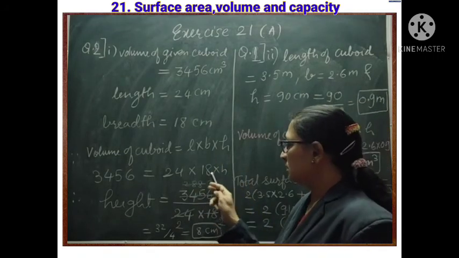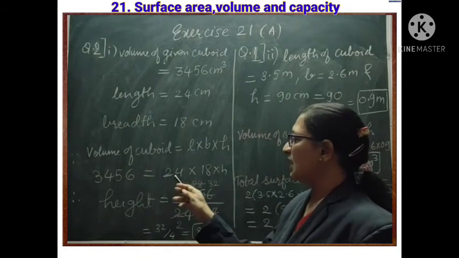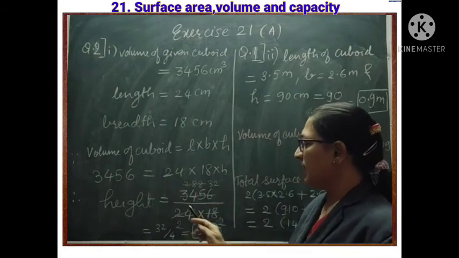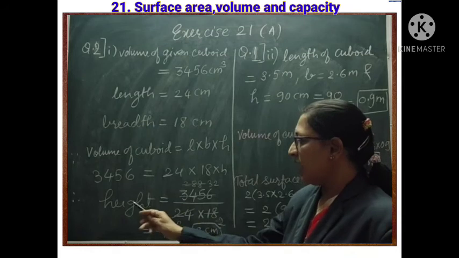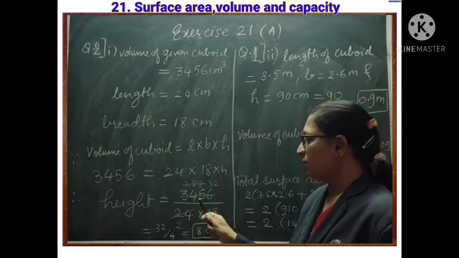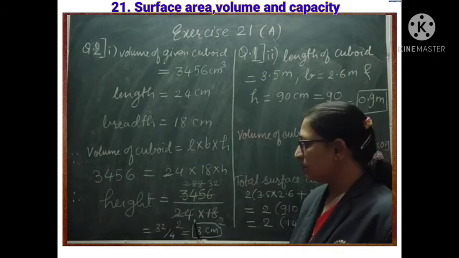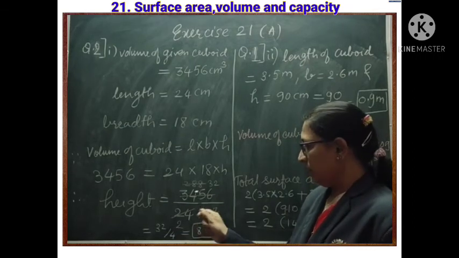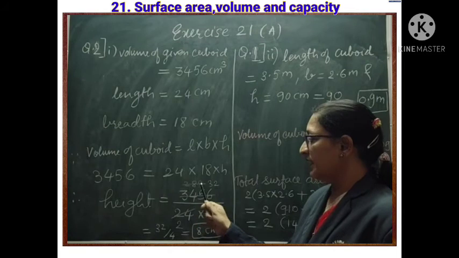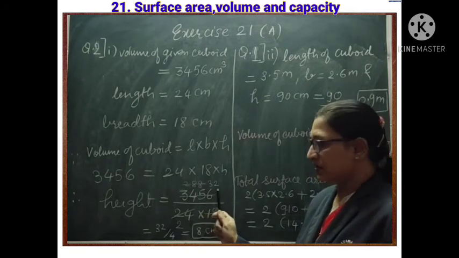All these terms we will transpose. These are multiplied by, here they will become divided by. So height is equal to 3456 upon 24 into 18. 12 2s are 24. 12 288s are 3456.